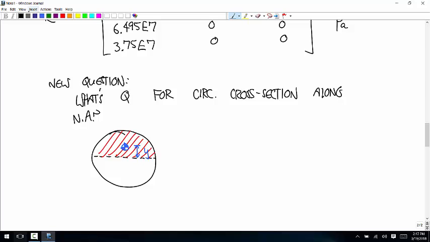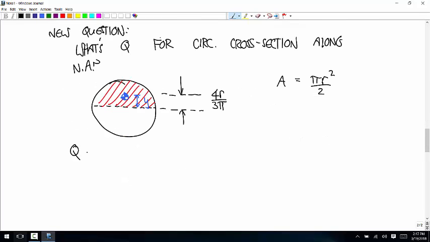Right. From like a table of centroids, this would be 4r over 3 pi. Is that what you said? Okay. And then the area is pi r squared over 2.